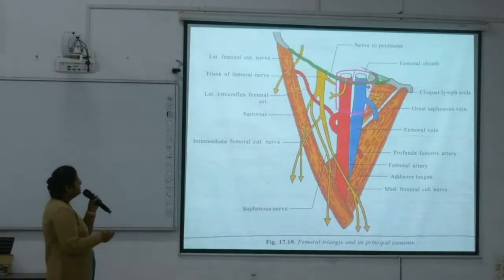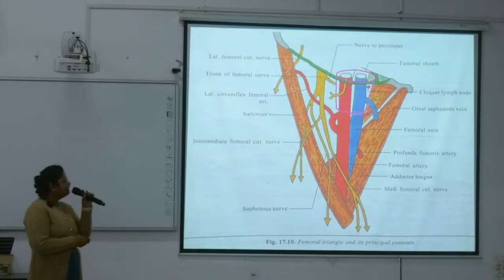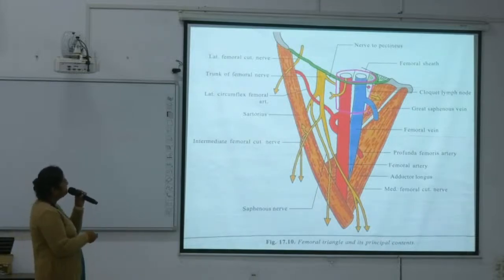Next, see here, this is the profunda femoris artery, the largest branch of the femoral artery, which gives the lateral circumflex femoral artery, passing between the anterior and posterior divisions of the femoral nerve. See here the branches of the anterior and posterior divisions. From the anterior division, this is the medial femoral cutaneous nerve crossing near the apex from lateral to medial over the femoral vessels.